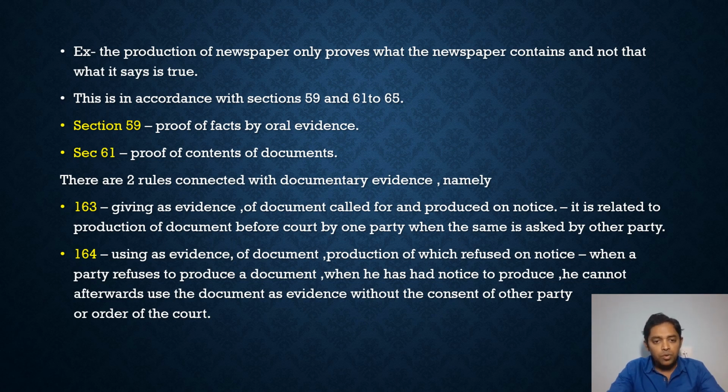It is related to production of documents before court by one party when the same is asked by the other party. Section 164 says using as evidence a document production of which is refused on notice. When a party refuses to produce a document when he has had notice to produce, he cannot afterwards use the document as evidence without the consent of the other party or orders of the court.